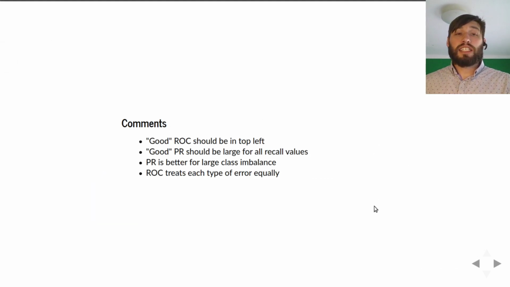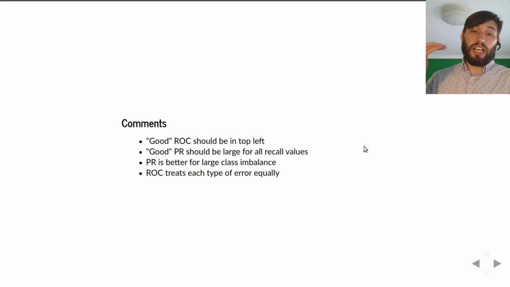Okay, so I'd like to make a comment that good ROC curves should be in the top left corner, just like we said before. Good PR curves should be large for all recall values, so just dominating above. Higher precision is better. PR is better for large class imbalance, for problems like this.